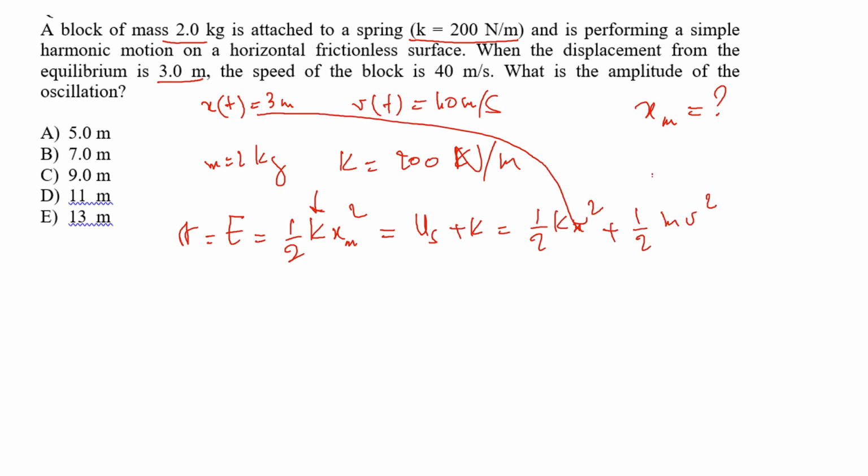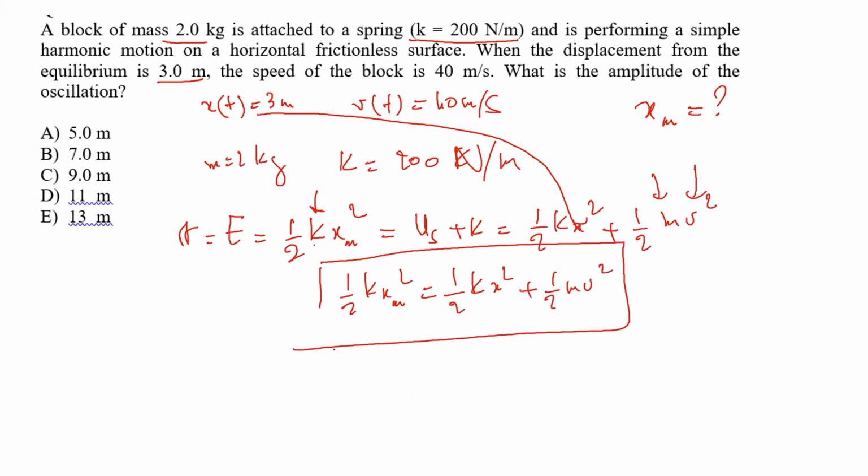And I know m, and I know v. So I can get it easily. Okay. I will just say that half k x max square is just half k x squared plus half m v squared. I know everything here. Okay.